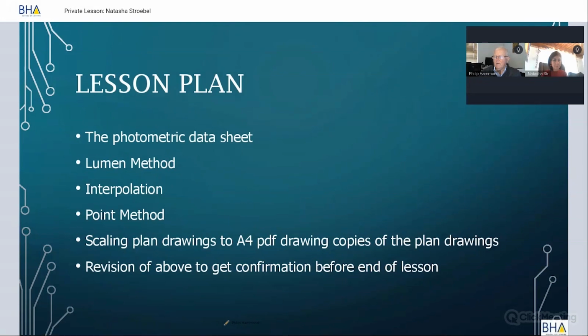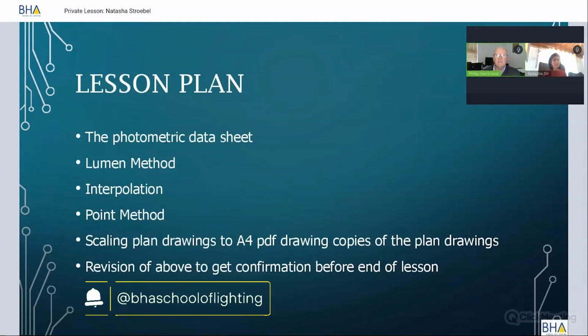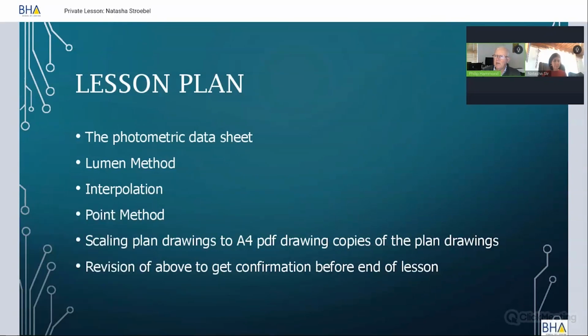We're going to look at photometric data sheets. We're going to look at the Lumen method of doing calculations. And we are going to look at interpolation, which is part of the calculation, to find out what the coefficient of utilization is. We're going to then do the point method.